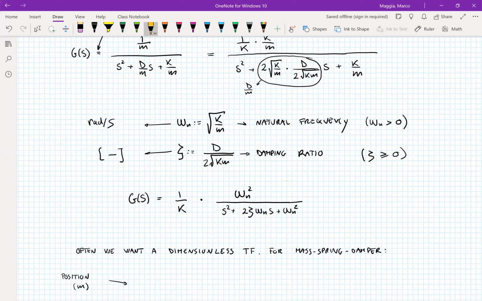This is very important because we're gonna use this so often that you might as well learn it. You'll learn it because you're gonna use it so much. You see that this is a transfer function of a system that is a second order, because how do you know it's a second order? Because the degree of the polynomial at the denominator, sorry, is 2.